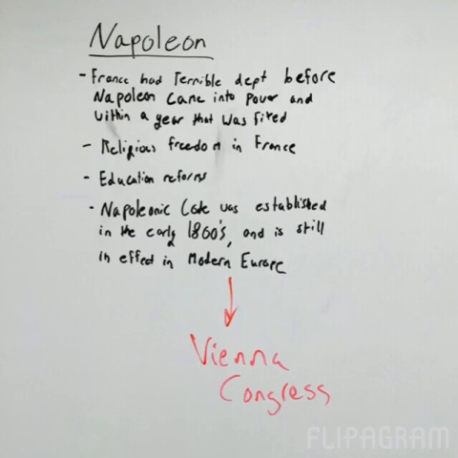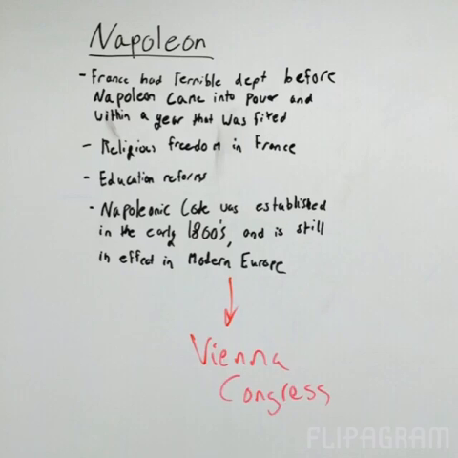Napoleon brings order, and the Directory is voted to be dissolved, right? Think back to our timelines for this stuff. Now, it says here France had terrible debt before Napoleon came to power, and within a year that was fixed. His economic reforms were very important.